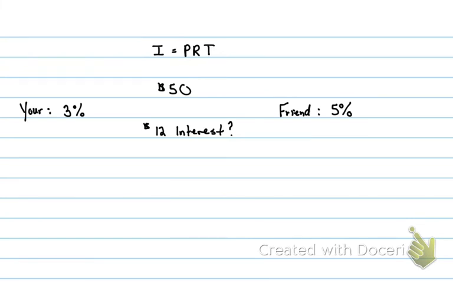All right, so 12 gets plugged in for I, equals your principal amount. Do I plug in a 3 for my rate? No. 0.03. And I don't know time.